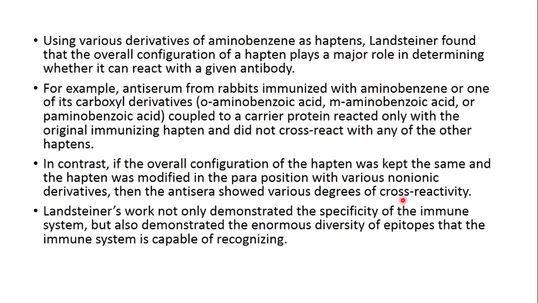While if we are using one hapten, DNP, and we modify DNP at its para position without touching the overall configuration, and inject that modified DNP, the antibody produced against the first DNP will cross react with the modified DNP. So cross reactivity can occur if we maintain the overall configuration the same but modify at the para position.